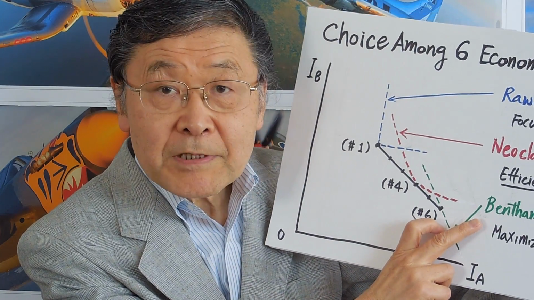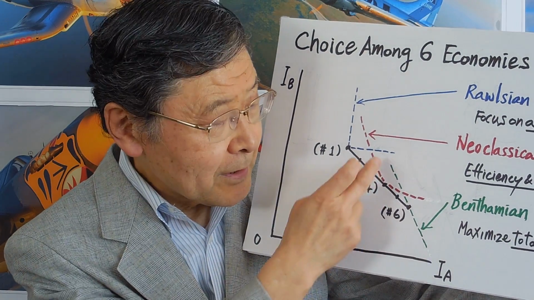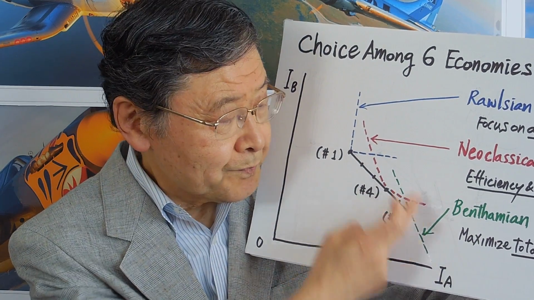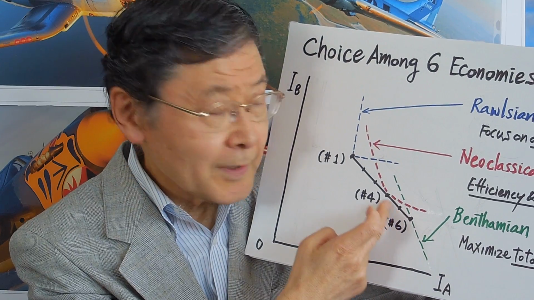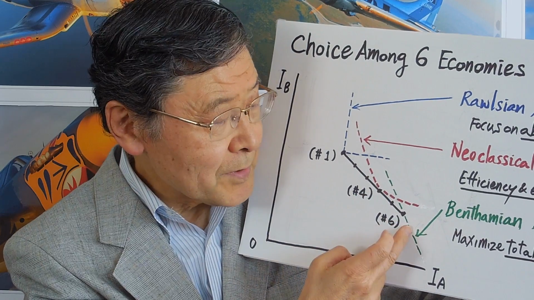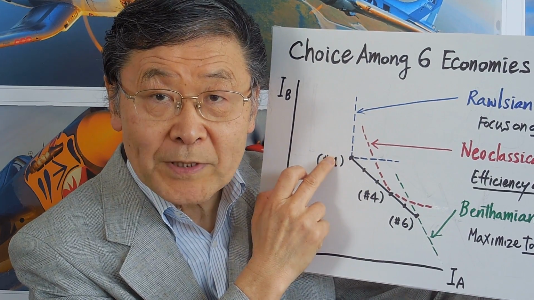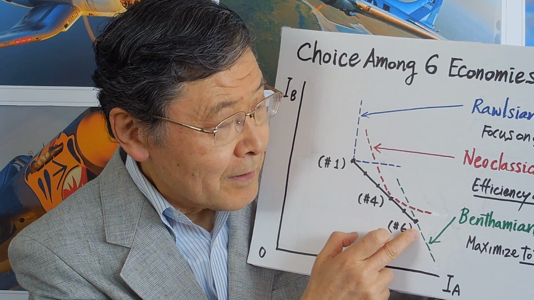Now, those who have this Benthamian social welfare function only look at the income maximization, regardless of the distribution. In fact, among these alternatives, this is the best, and this is the worst, because the income level is the lowest, right?